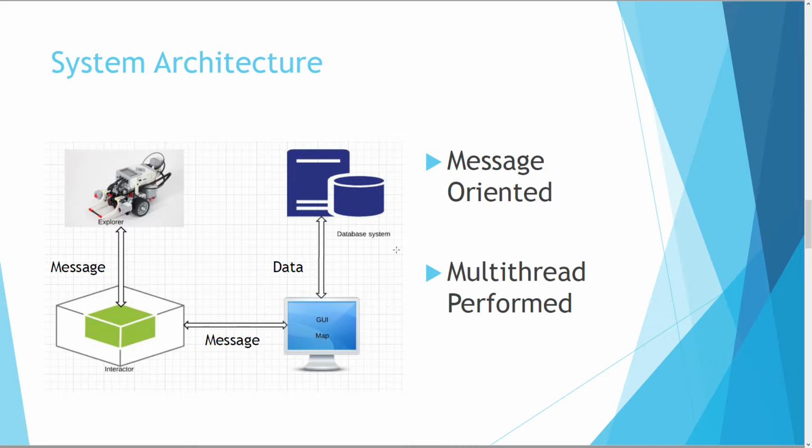And this system has 2 features. First, it is message-oriented, and second, it is multi-threaded. What we can benefit from these 2 features are: first, we can customize our message, even the action of the robot, rather than just perform the fixed command provided by the legacy team.